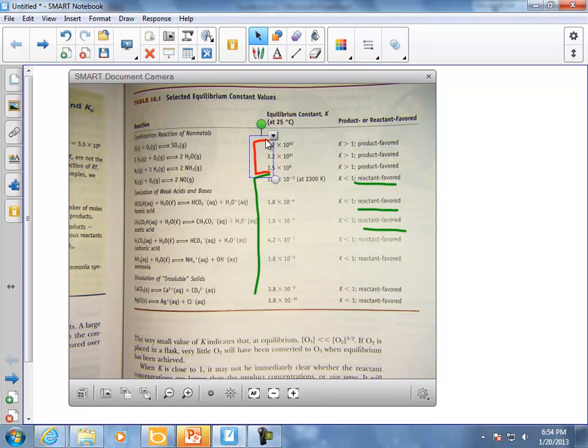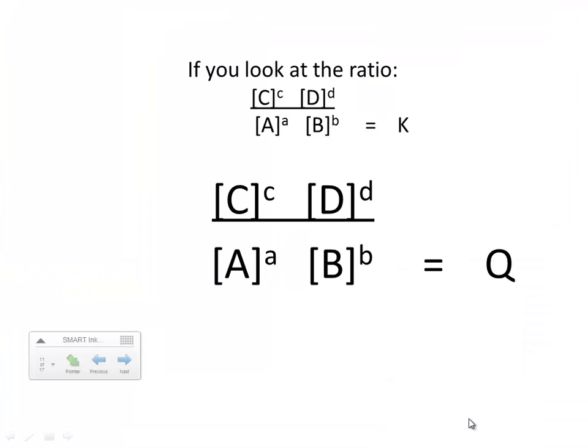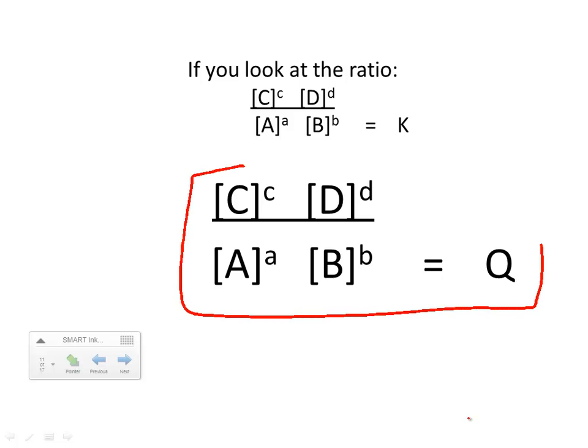All right, let's go back to the PowerPoint. As you can see, I have listed up here an equilibrium constant expression that's pretty similar, except instead of equaling K, I have it equaling a Q. Sometimes we don't know if a reaction has made it to equilibrium yet or not. What we do know is perhaps a K value because we have it from a textbook. But we don't know if the reaction that we're currently working with has made it to equilibrium or is just approaching it.